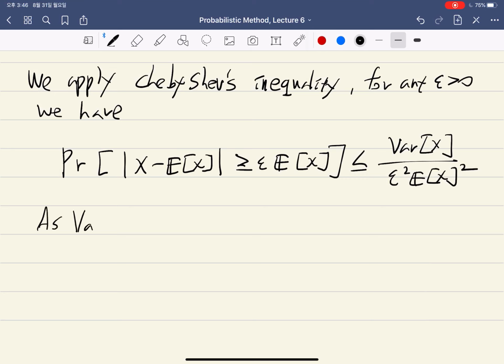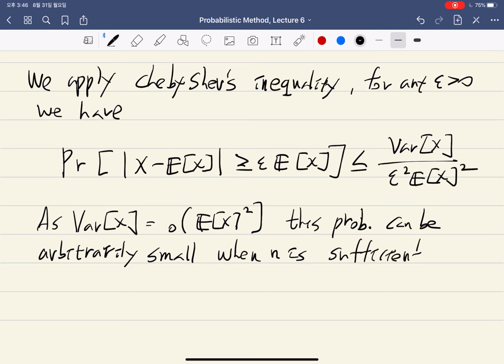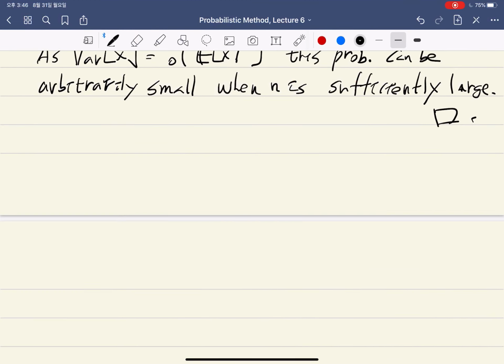And as variance of X is little o of expectation of X squared, that means that if n is large enough, then this probability can be arbitrarily small. So this proves the theorem. So we have shown this theorem.